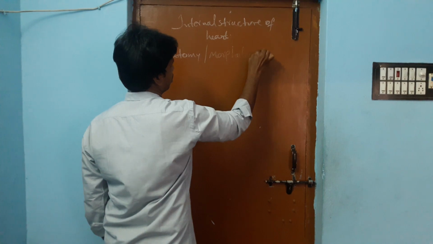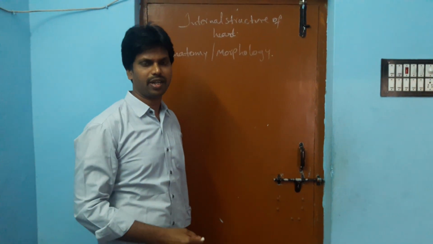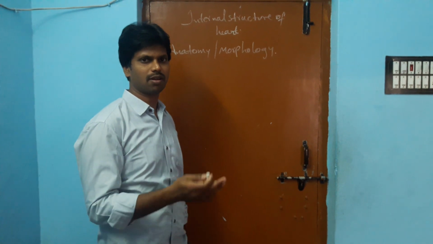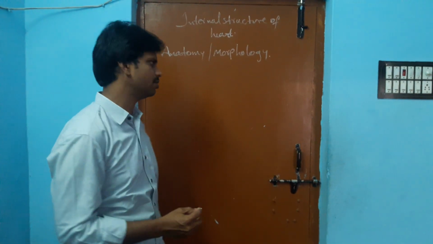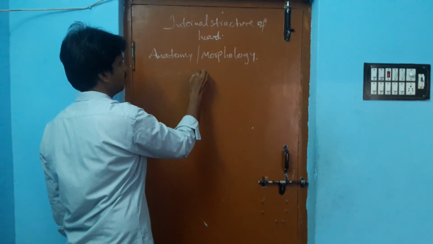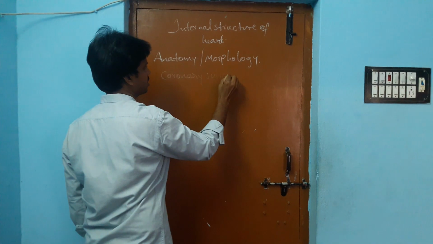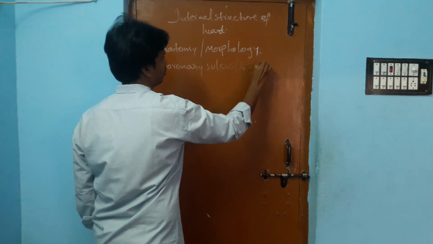Morphology. Externally, the heart is separated into the upper chambers called auricles and the lower chambers called ventricles through the coronary sulcus, or auriculoventricular groove.